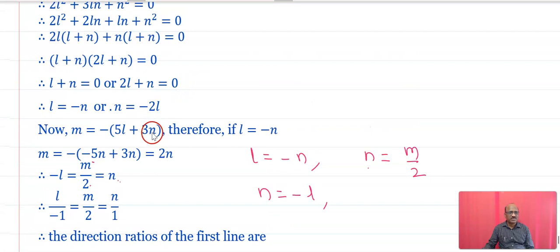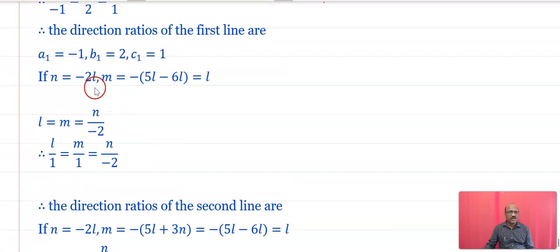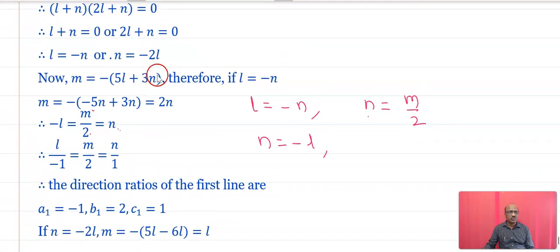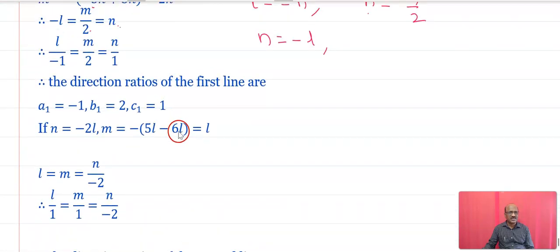Here n equals minus 12, and 3n, 2 into 3, will become minus 6. So 5l minus 6l will become minus l, and minus and minus will become plus. Therefore here you will get n equals l.